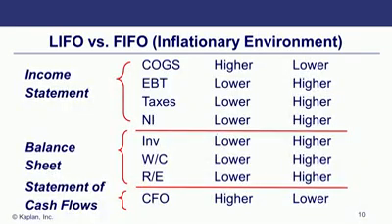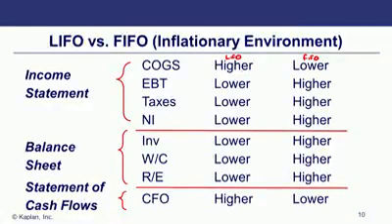Let's have a think about working it out. In an inflationary environment, your ending inventory is valued at the highest figure. And if you have higher ending inventory, then you're going to have lower cost of goods sold. So that means this column here must be our FIFO, and this column here must be our LIFO.